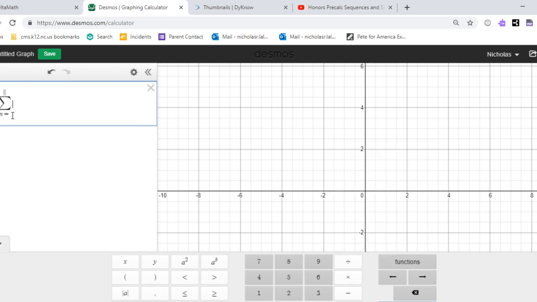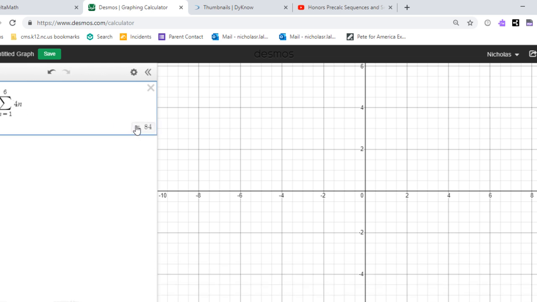If you want to have your starting number at 1, your stopping number at 6, and then your formula be 4n, you will see on Desmos that will equal 84. So if you know what you're doing with sigma notation, this can be a useful tool for certain test questions.